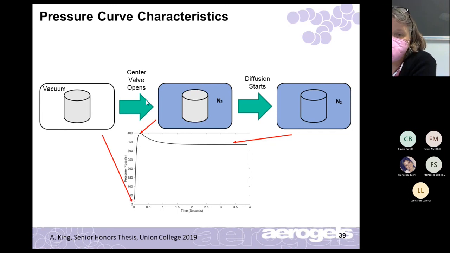But initially, none of it has diffused into the aerogel sample. But then, so we open this and then we shut it. And then eventually, you see the pressure drops as the gas diffuses into the aerogel itself. So this is a typical pressure versus time curve that you see in a setup like this.